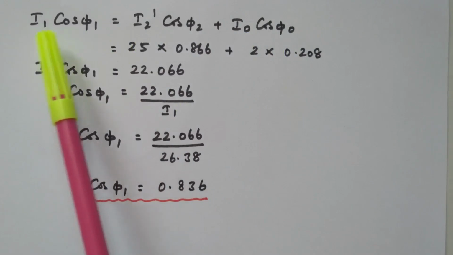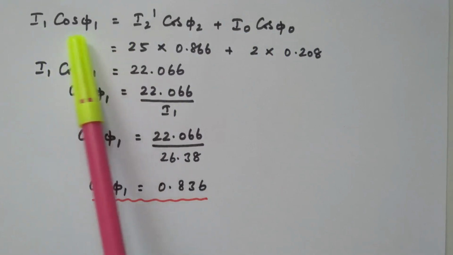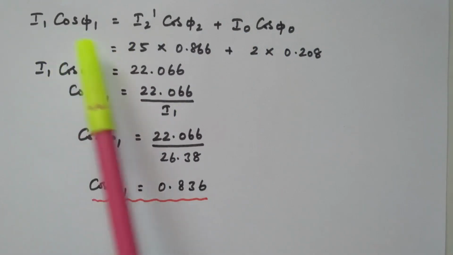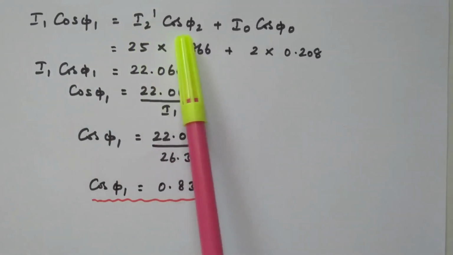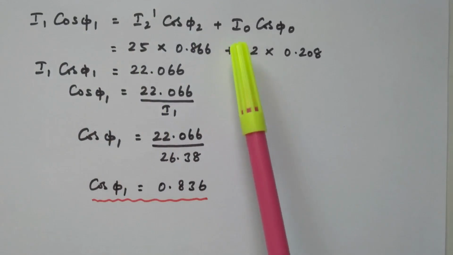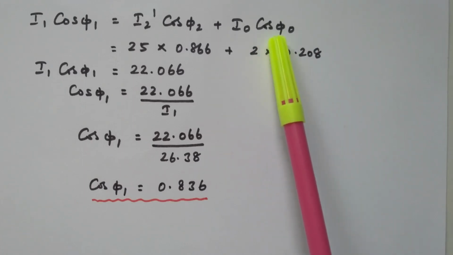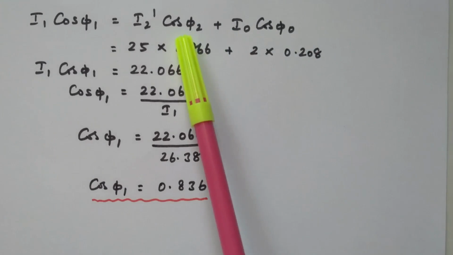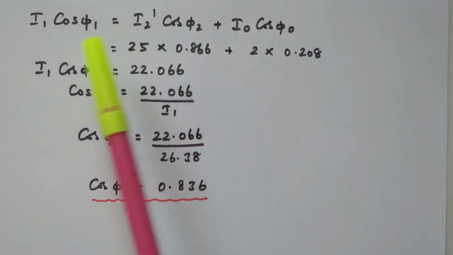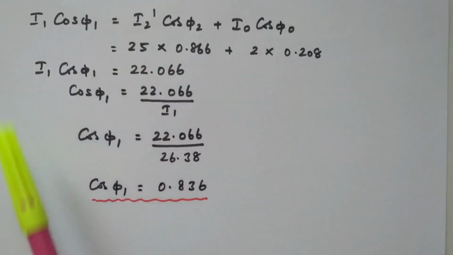Cos phi 1 is the primary power factor, cos phi 2 is the secondary power factor when it is loaded, and cos phi 0 is the power factor under no load condition.